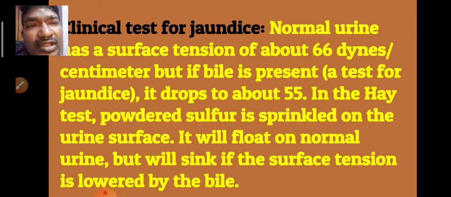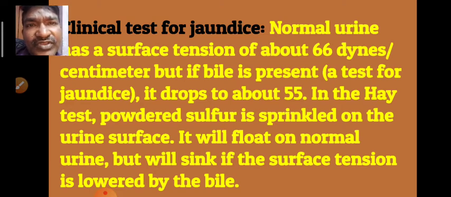So based on this fact, a hay test is designed. In this hay test, we sprinkle sulfur powder on the urine sample. If the urine is taken from a person who is suffering with jaundice, then what happens?